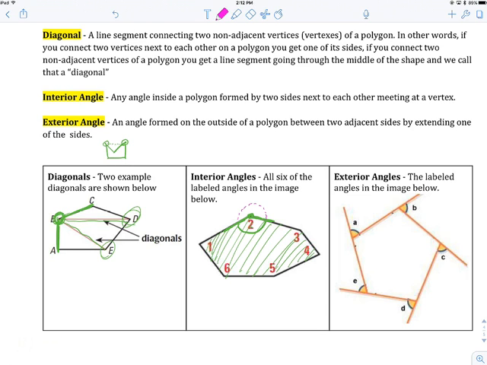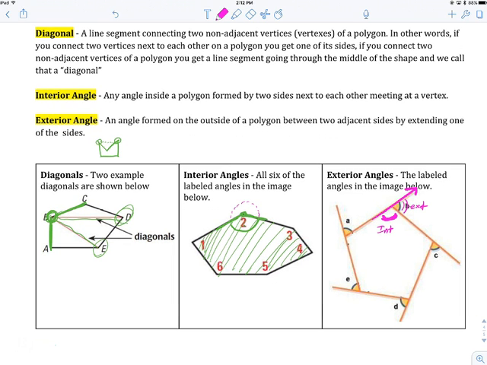Over here in this pentagon on the right, this is the interior angle. The exterior angle is formed by extending a side outwards and looking at the supplement of the interior angle. This is that exterior angle. And notice it doesn't matter which way you extend the side.